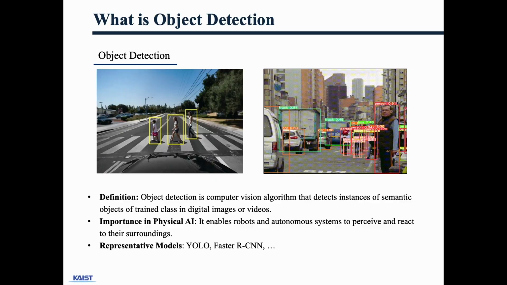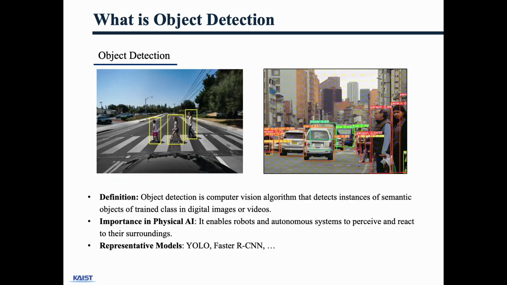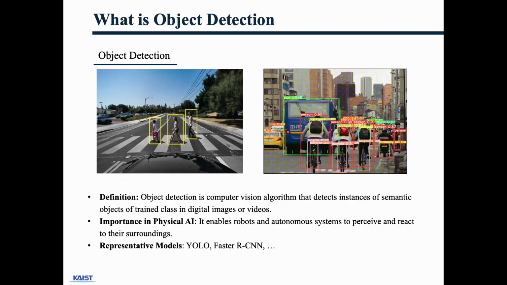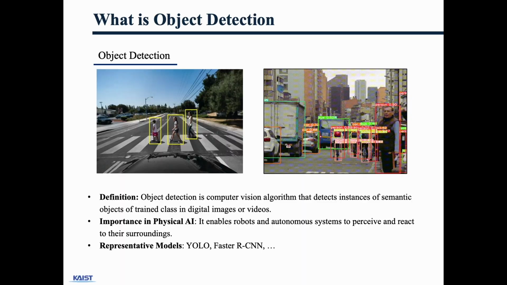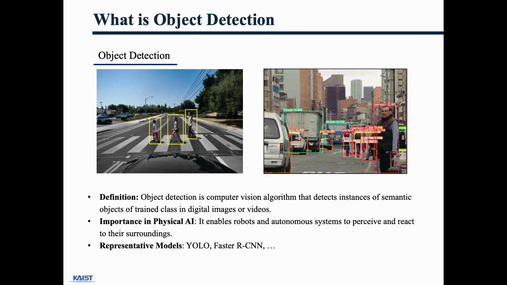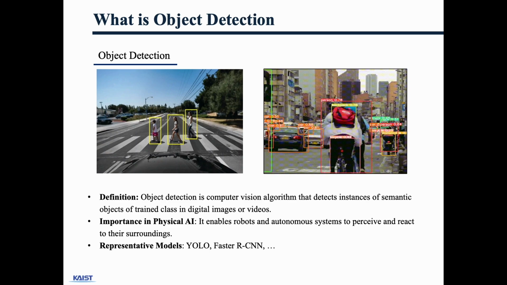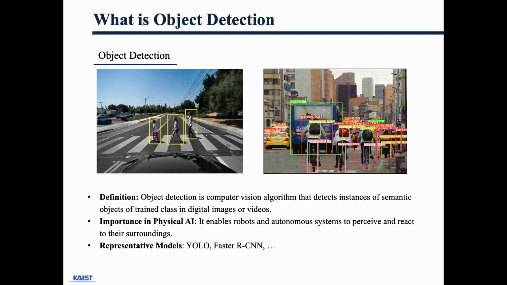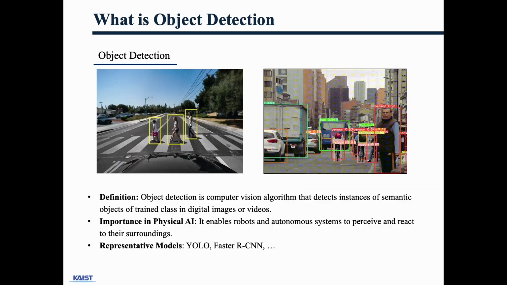Detecting objects is an essential element for building physical AI, and there are many algorithms to perform object detection. There is YOLO, faster RCNN, and many other detection algorithms. Anyone here know the difference between YOLO and faster RCNN? I can give you a hint. YOLO is considered a one-stage detector, and faster RCNN is a two-stage detector.